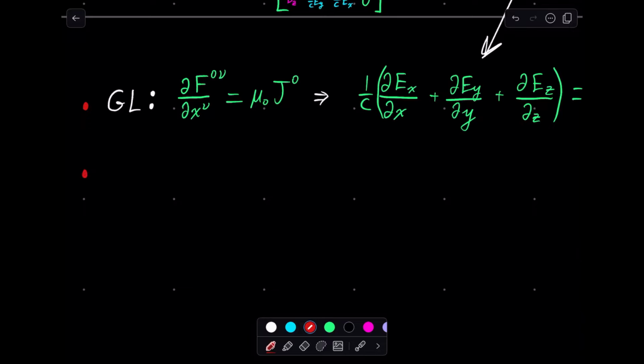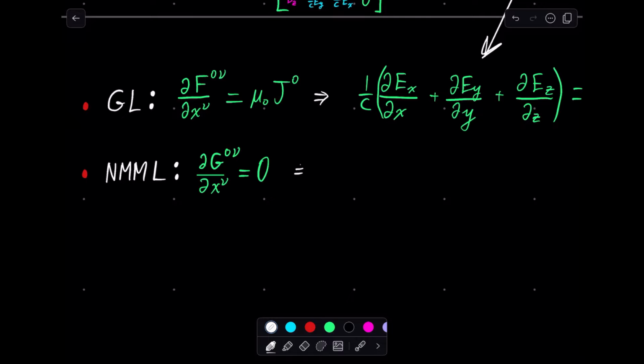The no magnetic monopoles law, so NMML, is given by the partial of the dual field, the zeroth row, nu, and then partial x nu, and this being equal to 0.